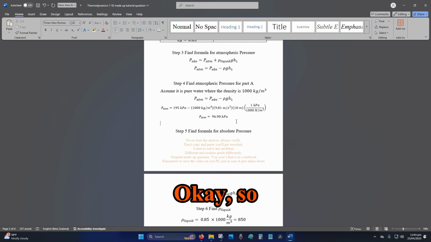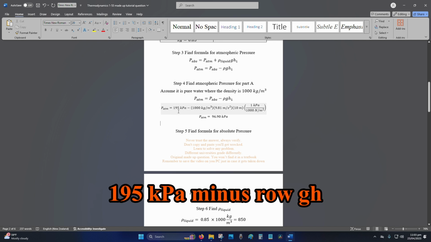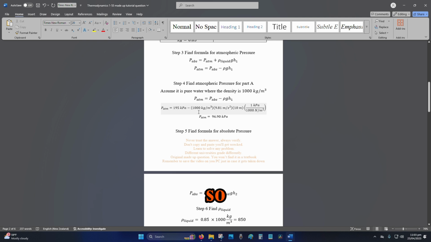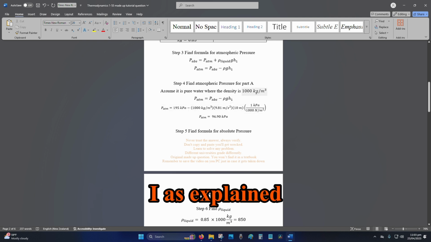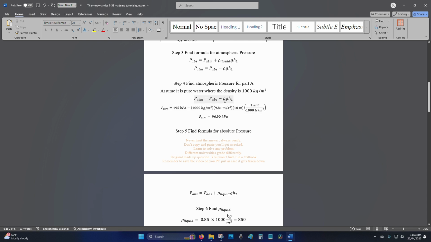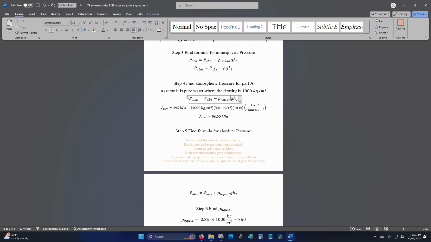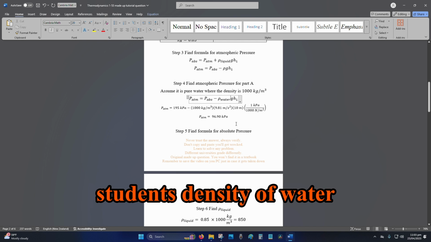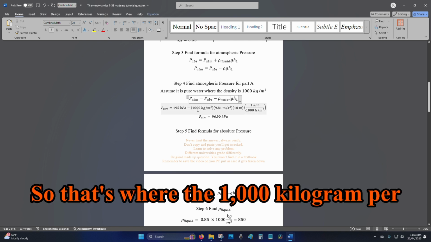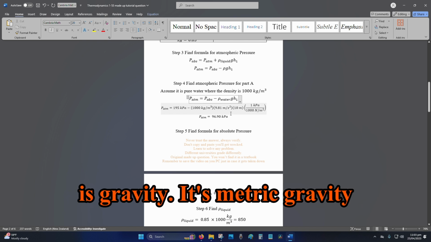Okay, so we just plug it in. So 195 kPa minus rho g h. As explained, the density of water, so maybe I should make that a little bit clearer for students. Density of water, so that's where the 1000 kilograms per meter cubed comes from. Gravity is gravity.